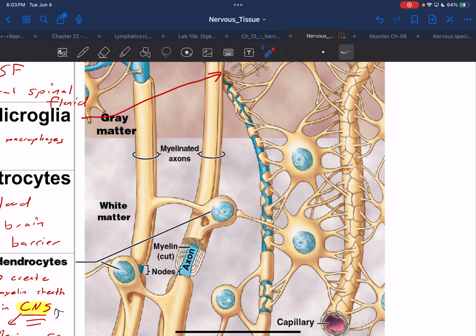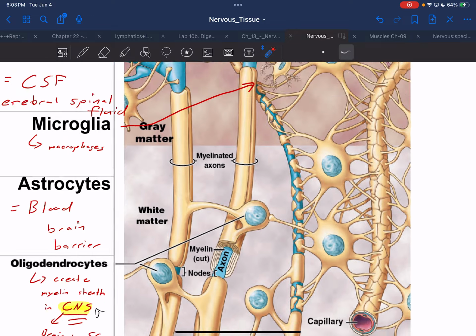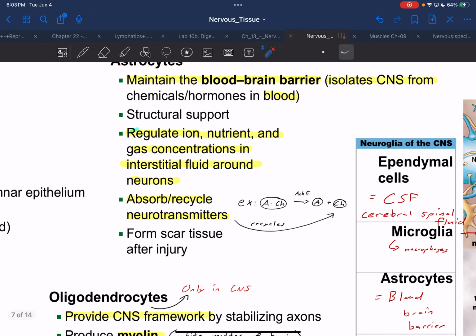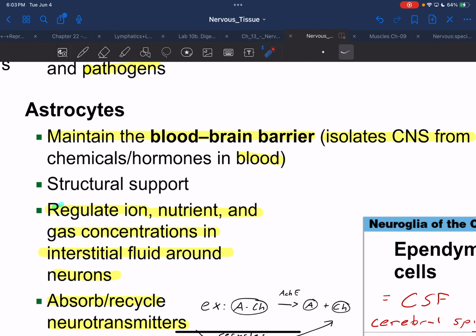And so these astrocytes, because they do this very important role, they create something we call the blood-brain barrier, which means that they isolate the CNS from blood. And with that comes, what does the plasma have that it needs to be regulating?